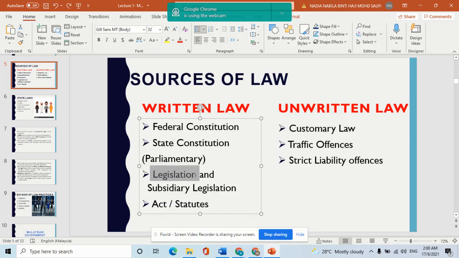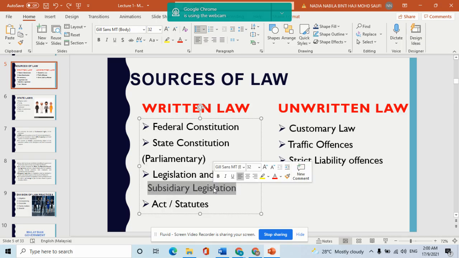This is the parent legislation and subsidiary legislation. As an example, we have the University Act. The University Act is the legislation, and the subsidiary legislation would be our students' handbook here in MSU. The students' handbook in MSU would be considered subsidiary legislation, whereby it derives from the parent legislation.